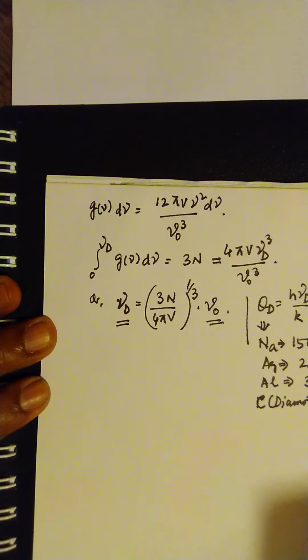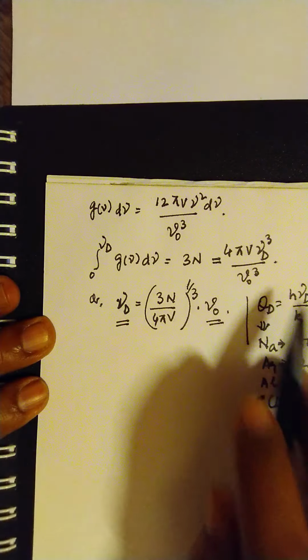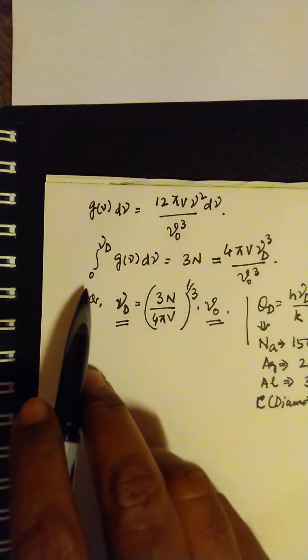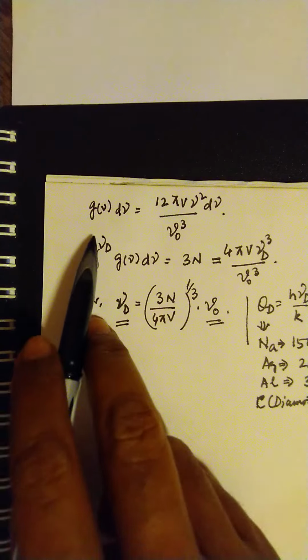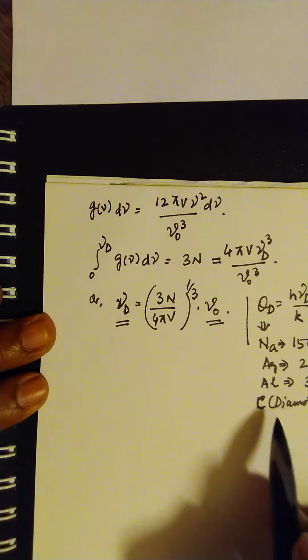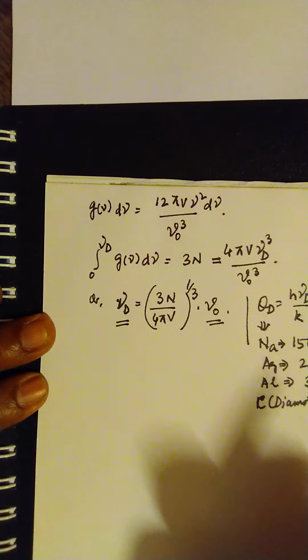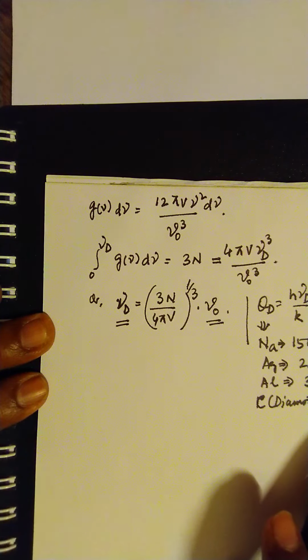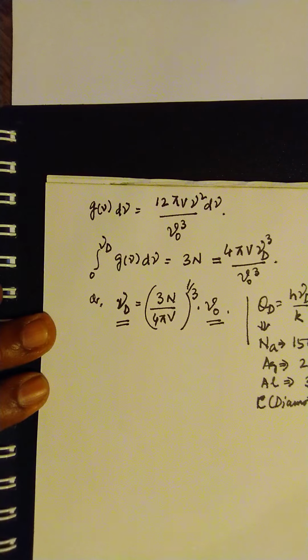For diamond it is the maximum, and maximum frequency means minimum wavelength, right? These being more strongly bound atoms in the crystal, they have relatively shorter wavelength waves associated with them.